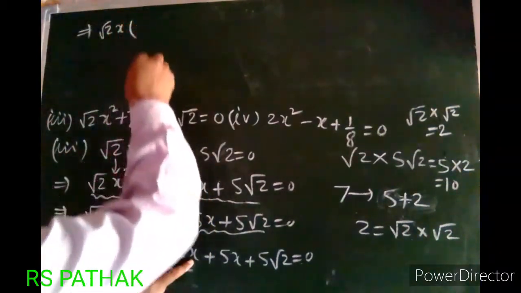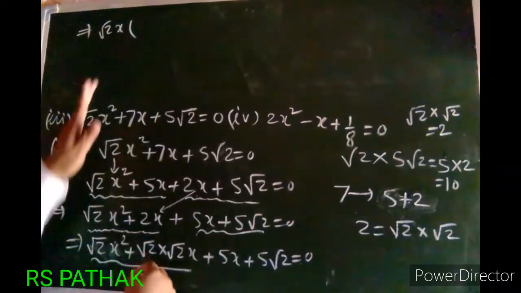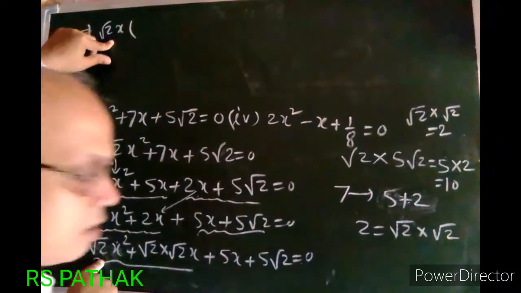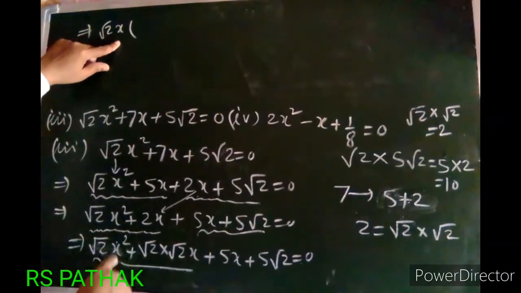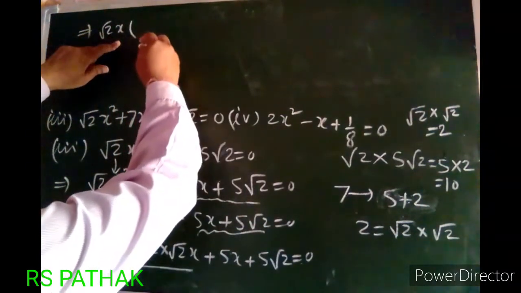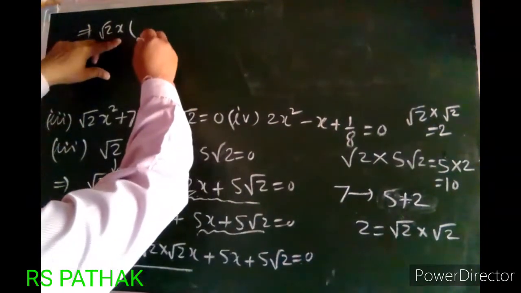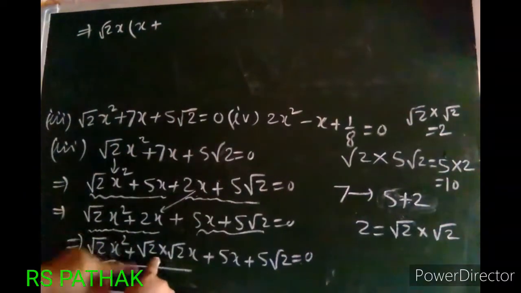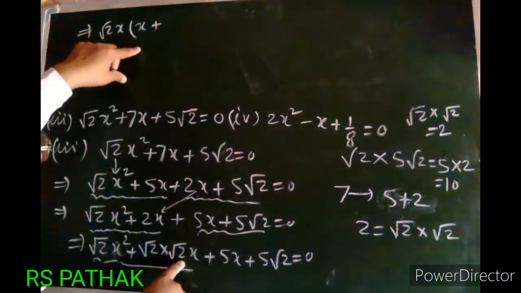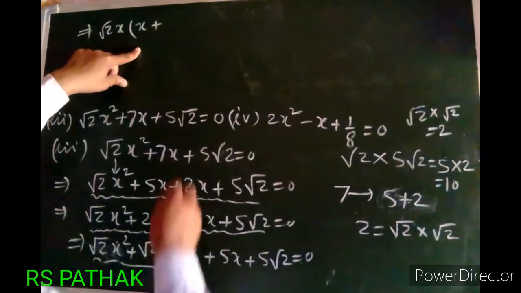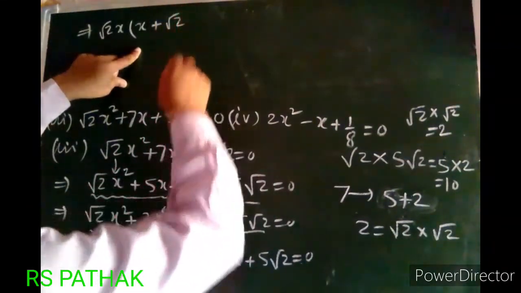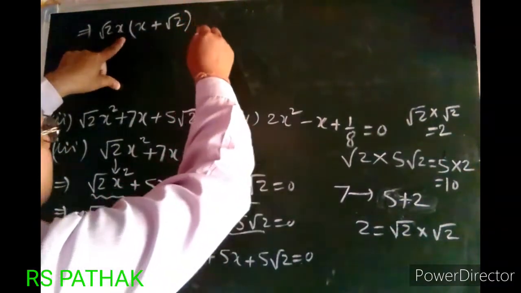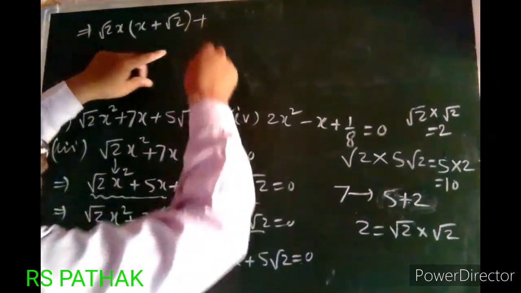After taking common, I have made the bracket: divide by √2x, √2 will divide √2, x² will divide x, x² will be divided by x, that will be x, plus √2 will divide, and 1 √2 will remain same, this x will be cancelled by this x. Bracket close, the work of this group has been finished.